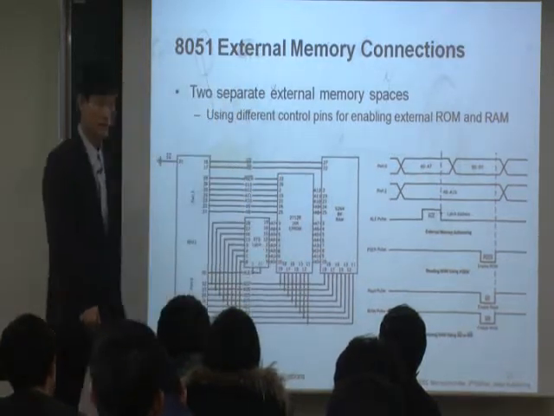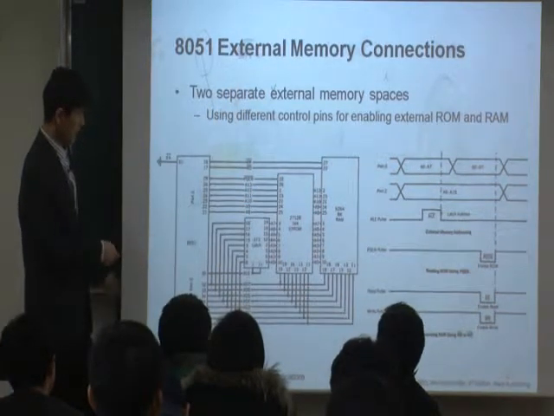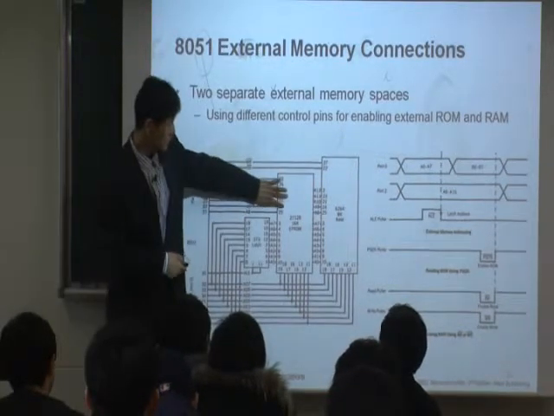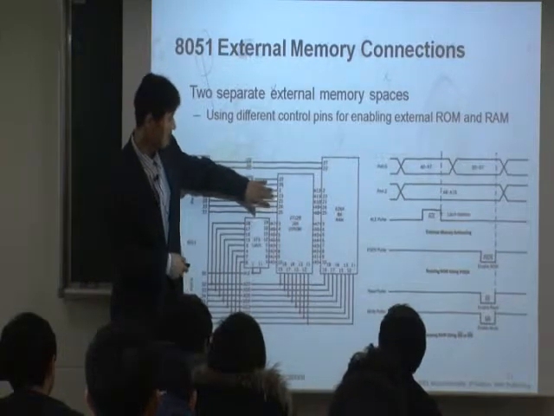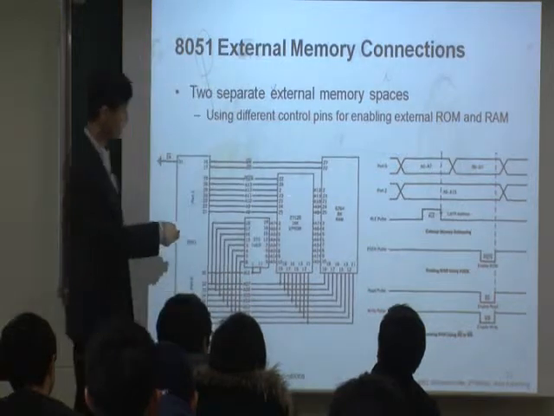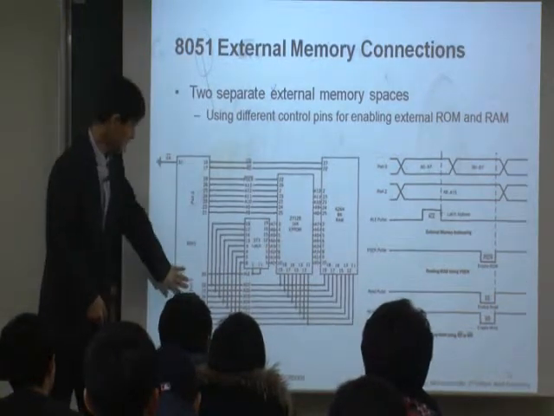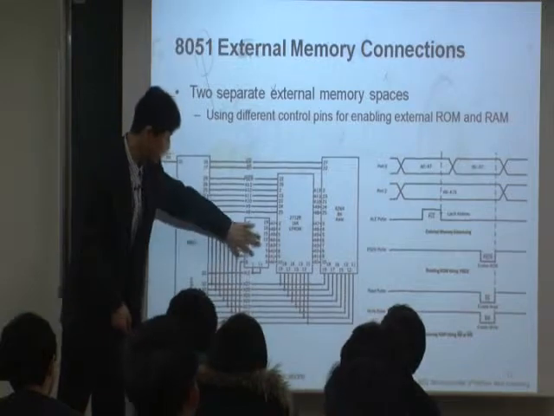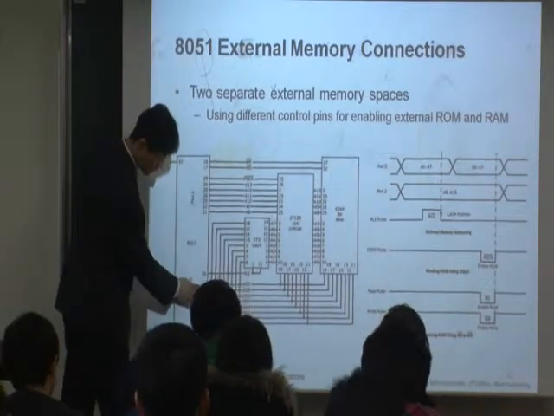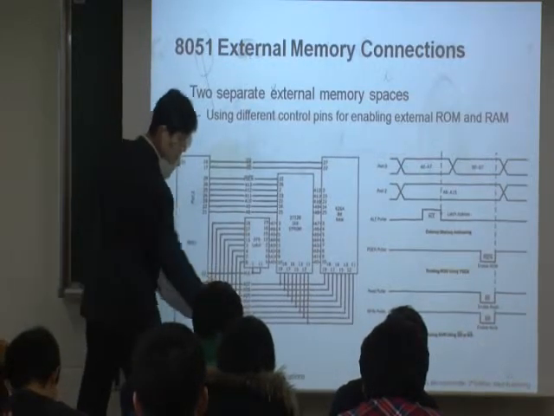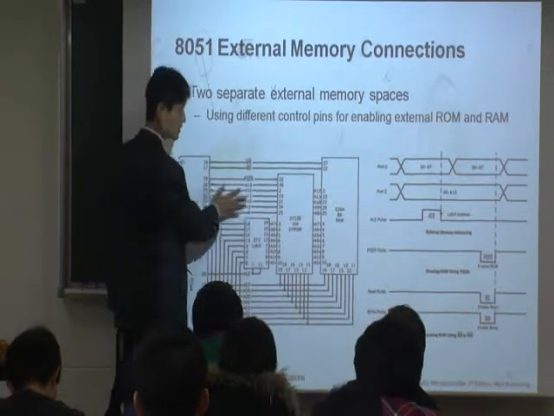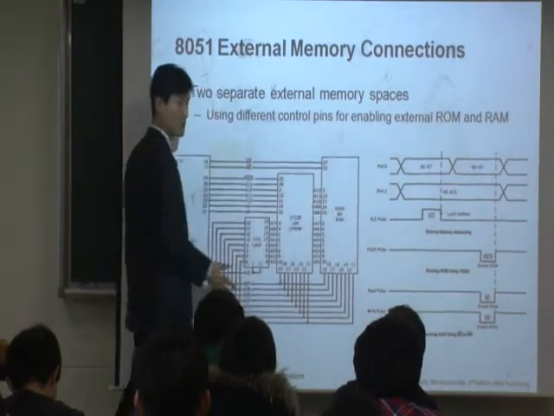And port 2 is also connected to both memories, but port 0 is also connected to the latch. This port 0 is connected to the latch, the EPROM, and the RAM. And this port 2 is connected to the instruction memory and also data memory.